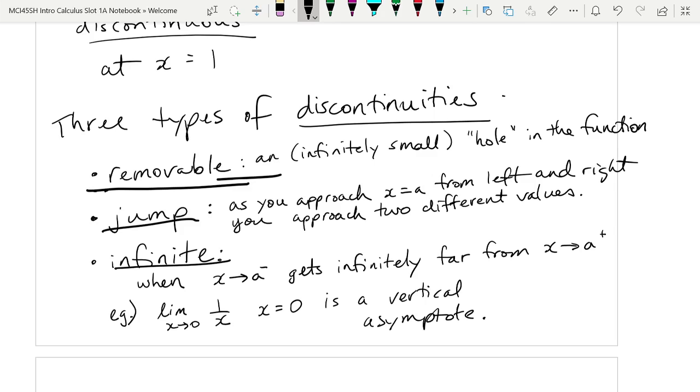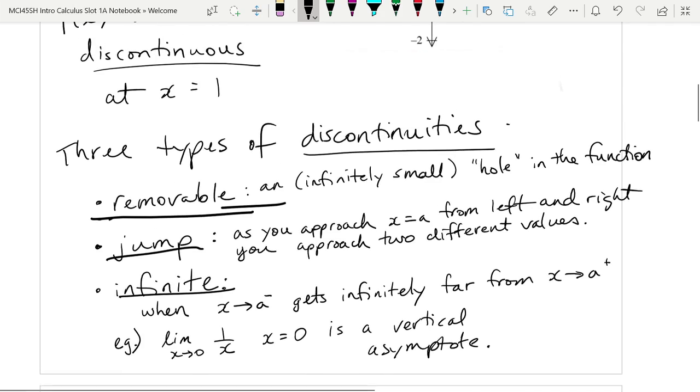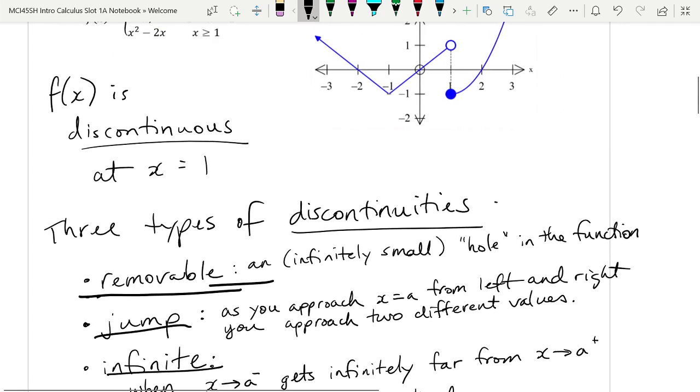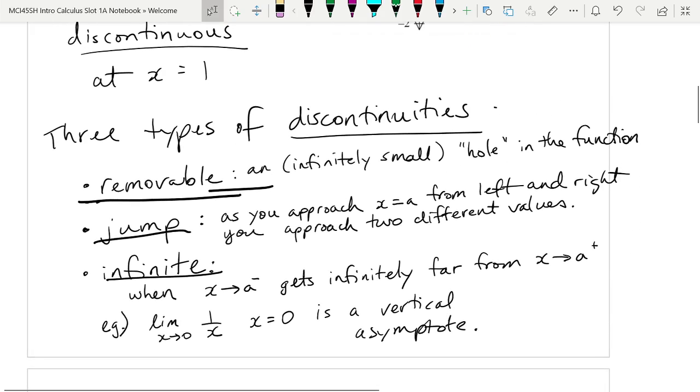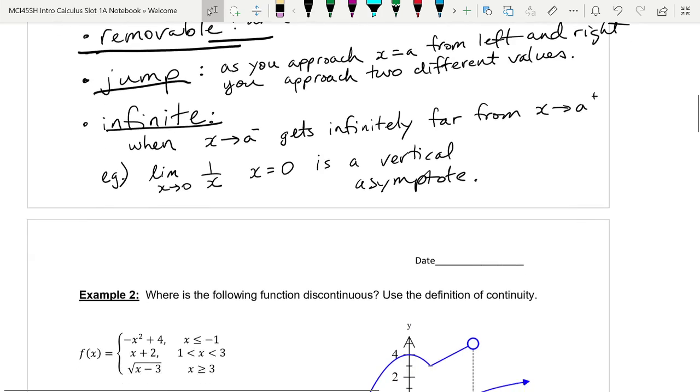So there we go. So that's the three types of discontinuities. And as you can see, the one that we have on our example here is a jump discontinuity. It just sort of teleports from one value to the next as you're going along the line.